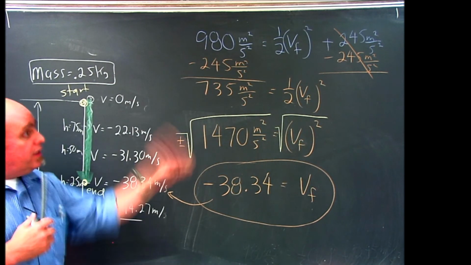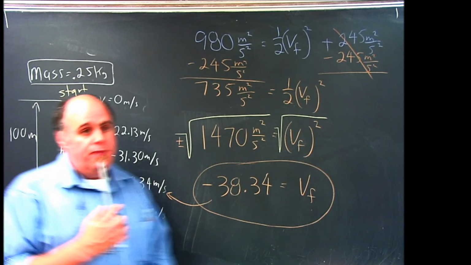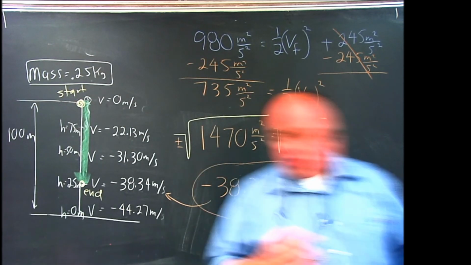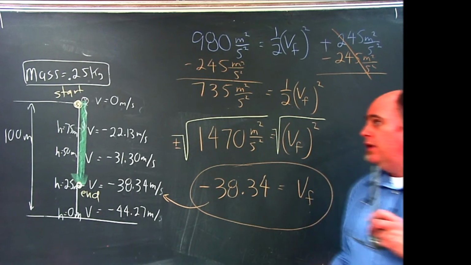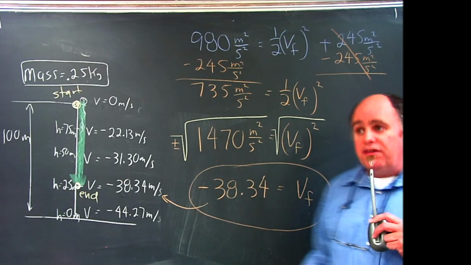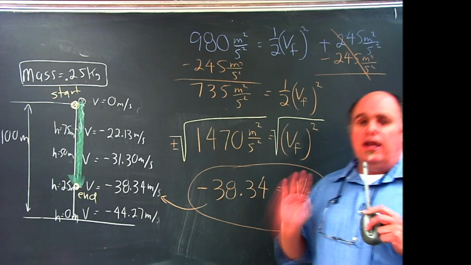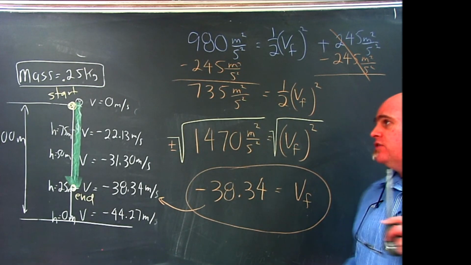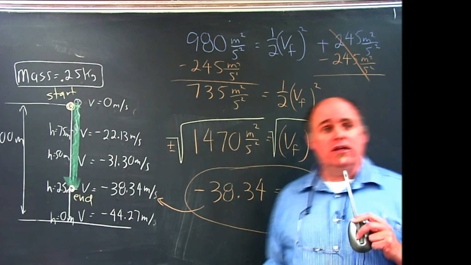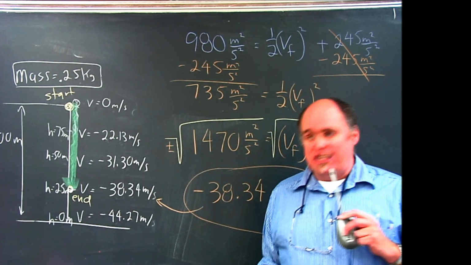Well, now you see it done without using any old formulas from Chapter 2. Now you see it done using only the formulas from Chapter 6 for the conservation of mechanical energy. And again, we're pretending that there's no air resistance. Okay, so this is called conservation of mechanical energy using conservative forces.